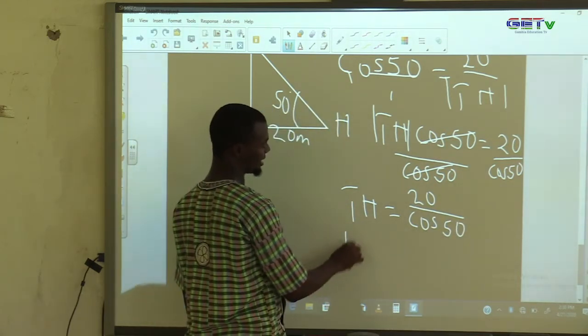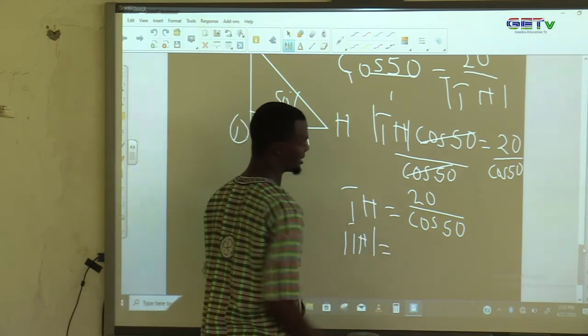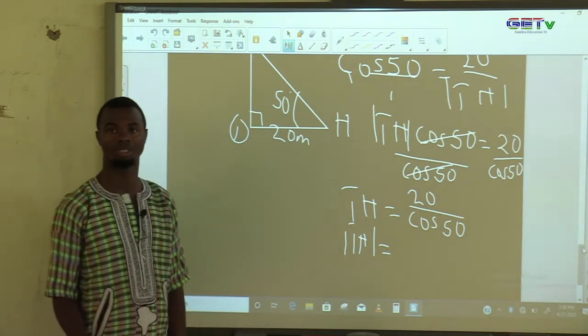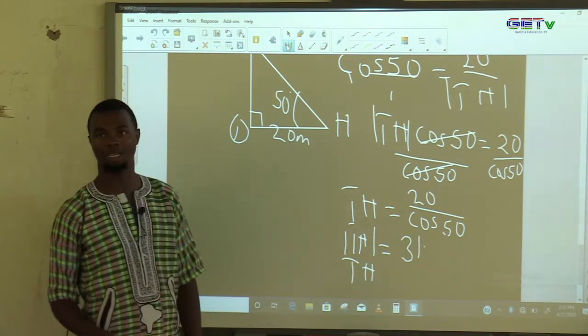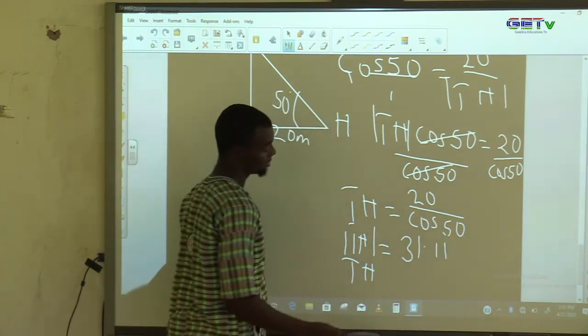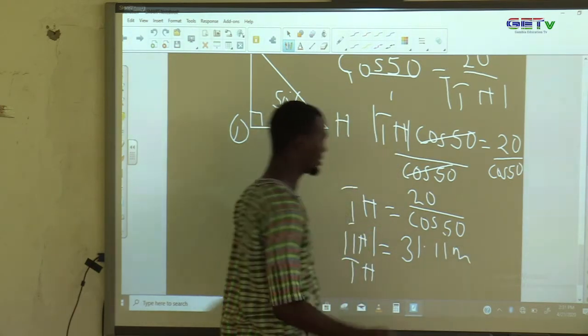So the side TH is what now? The side TH is equal to 20 all over cos 50, so TH is equal to 31.11 meters.